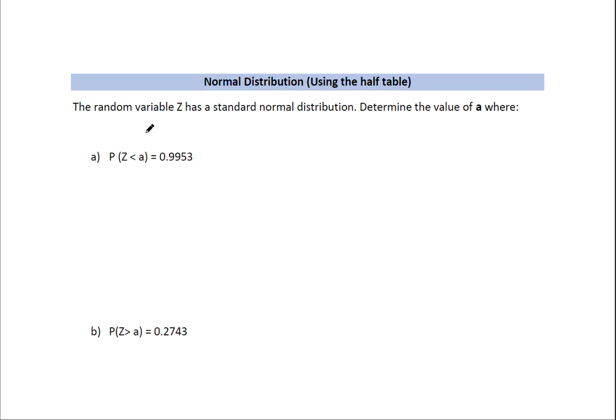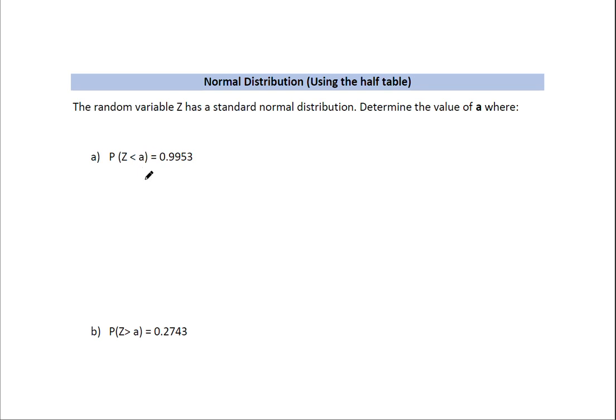Here we are told that the random variable z has a standard normal distribution. Determine the value of a. So here we're asked to determine the actual value of a, which is going to require that we find out a particular z value.